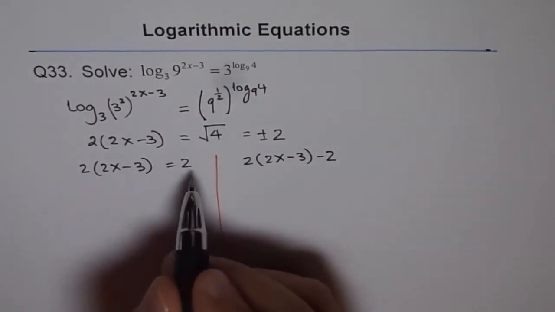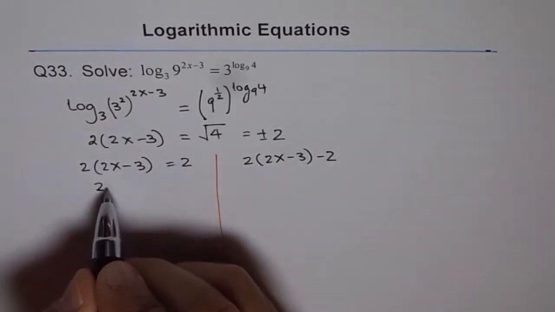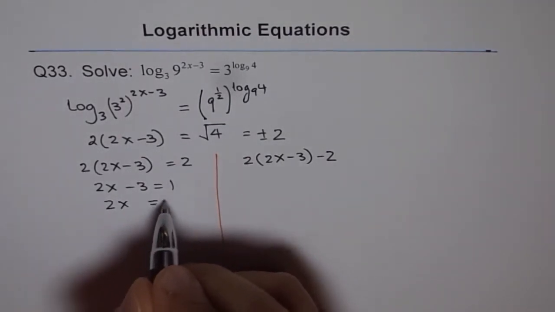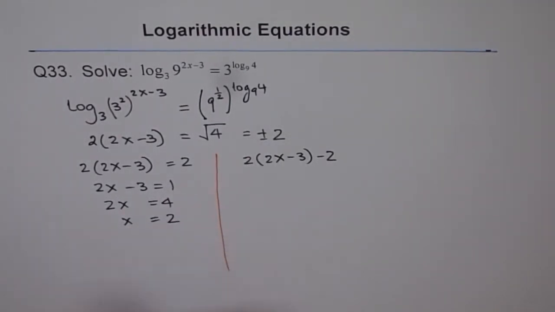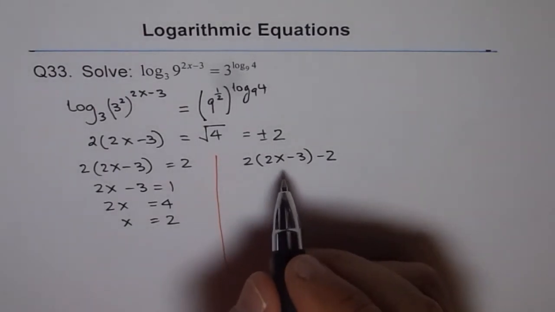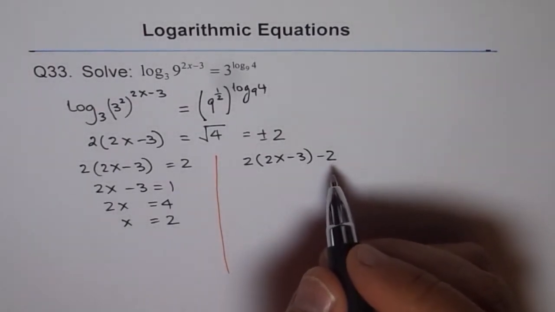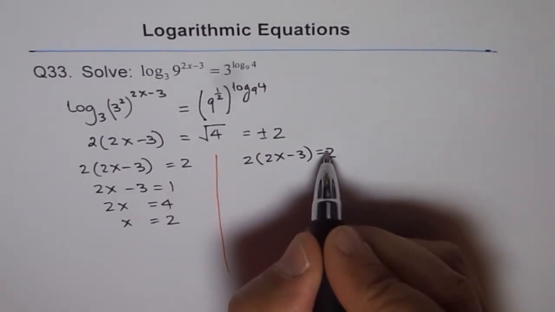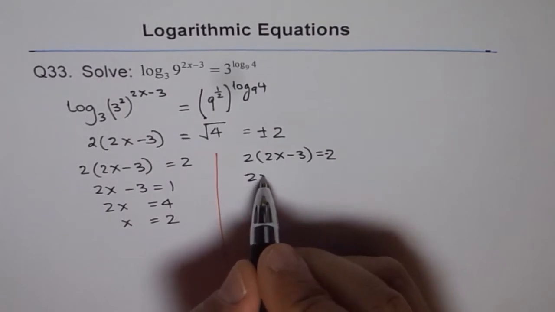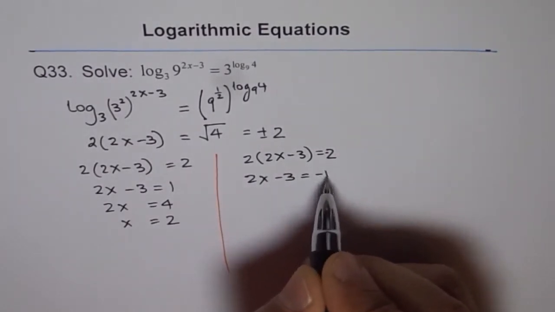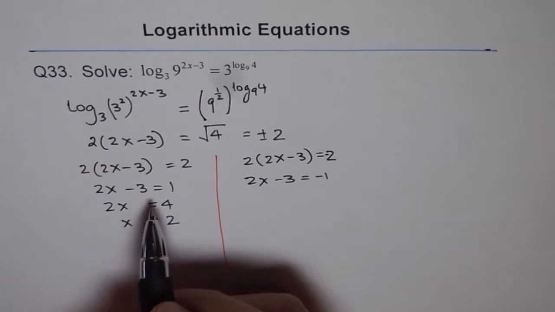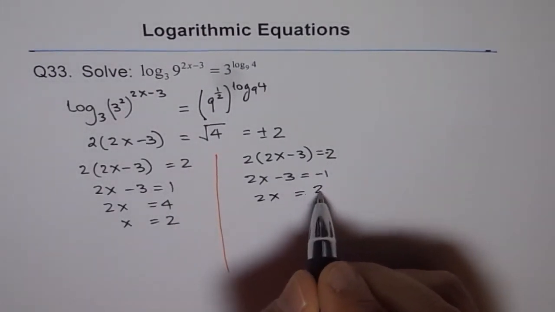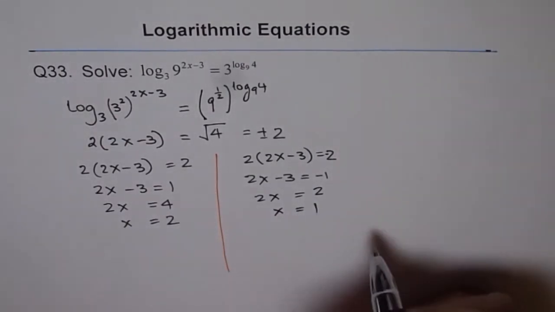Now if we solve this, 2 divided by 2 gives us 1, so we get 2x minus 3 equals 1, or 2x equals 4, and x equals 2. For the other one, it equals minus 2, so 2x minus 3 equals minus 1, so 2x equals 2, and x equals 1, correct?